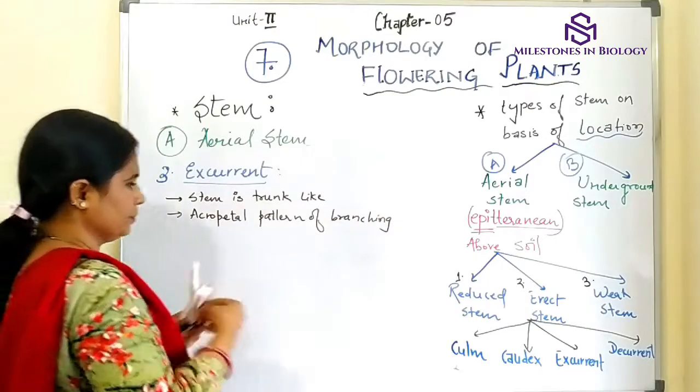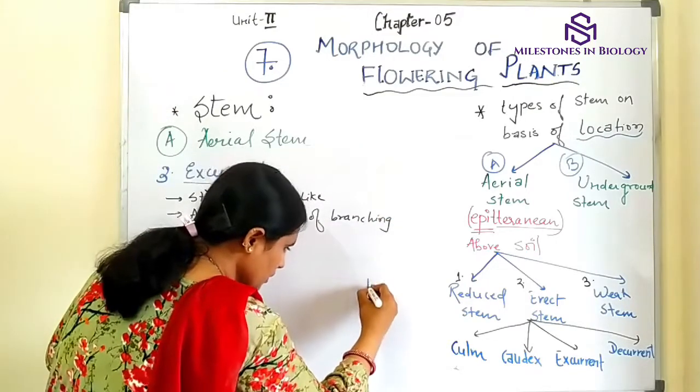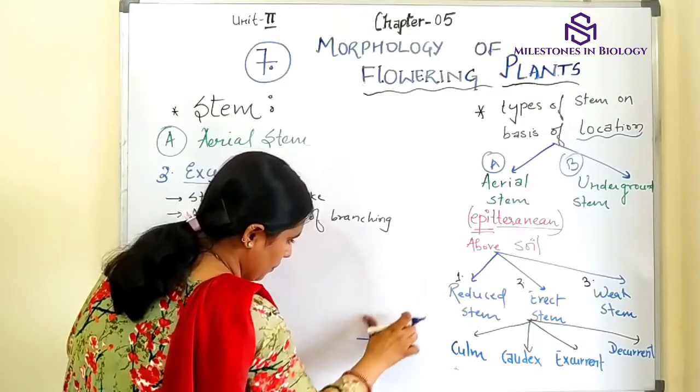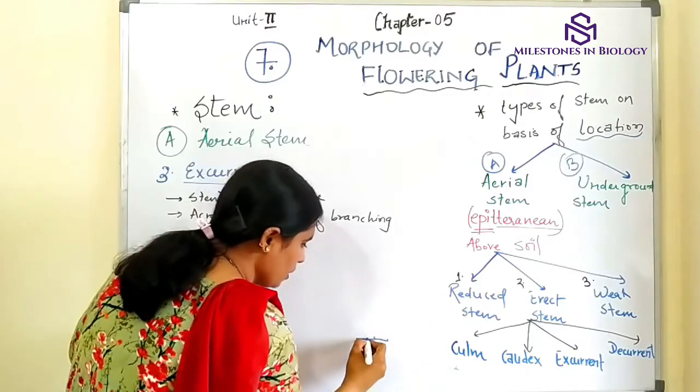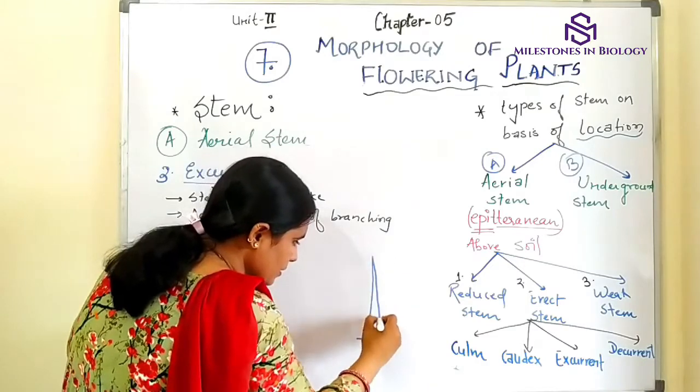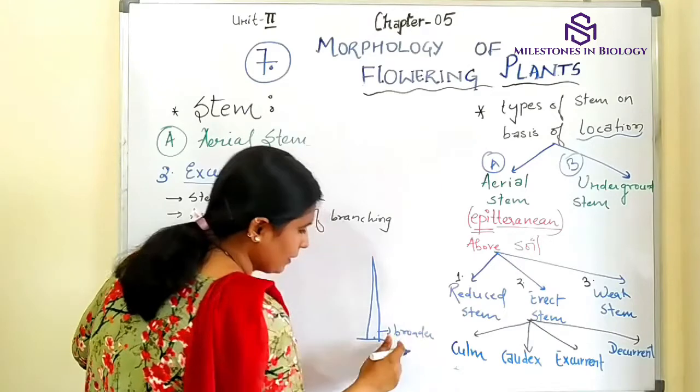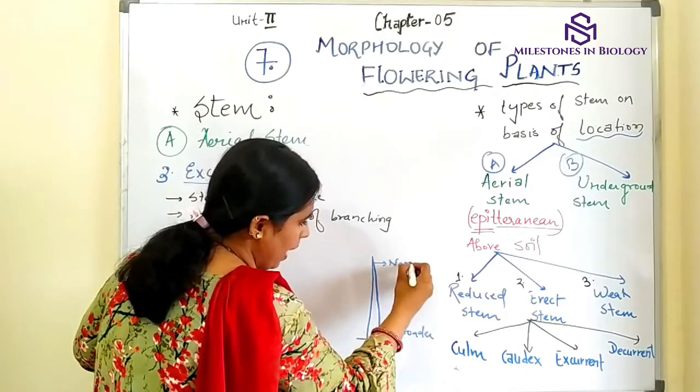It means if you look at this stem, the stem is broader at the base and narrow at the apex.